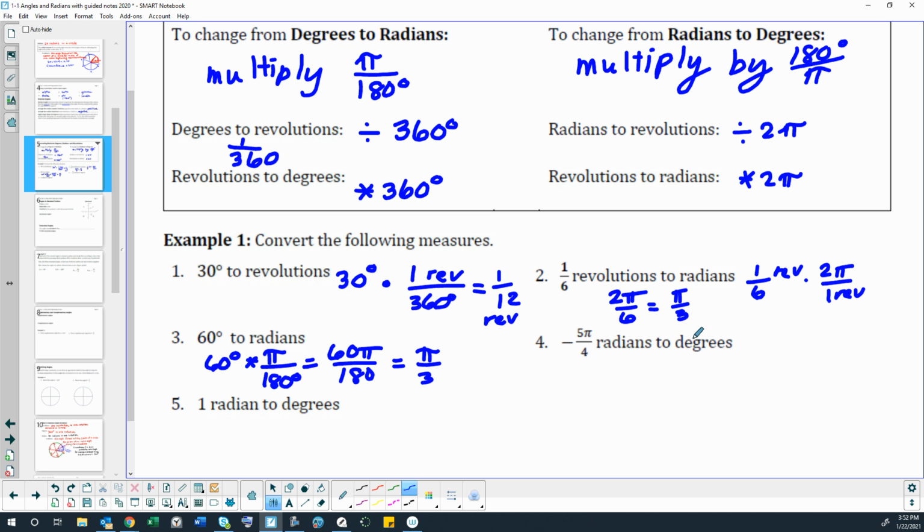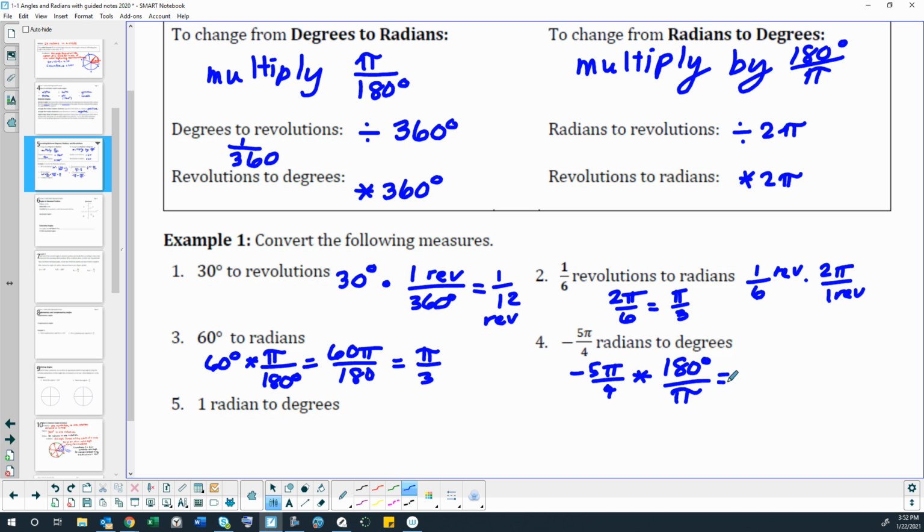Okay, negative 5 pi fourths radians to degrees. So a negative angle makes more sense now that we know about oriented angles. That just means it would go clockwise, right? So to do that, we would take negative 5 pi fourths and multiply by what we're trying to change it to, so degrees, and that would be over the radians that are in 180 degrees.